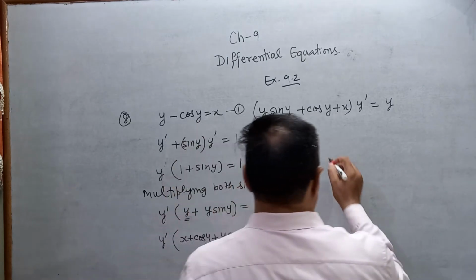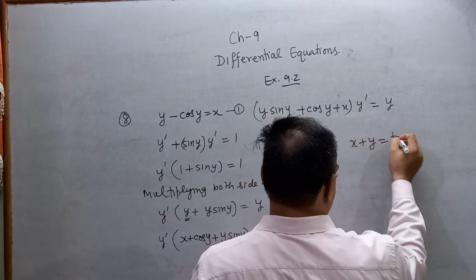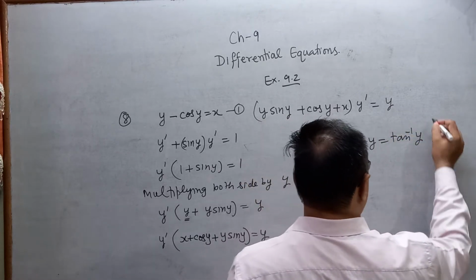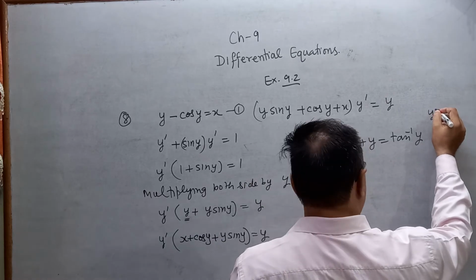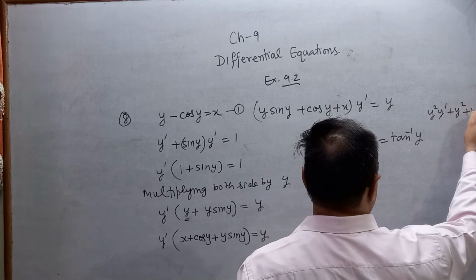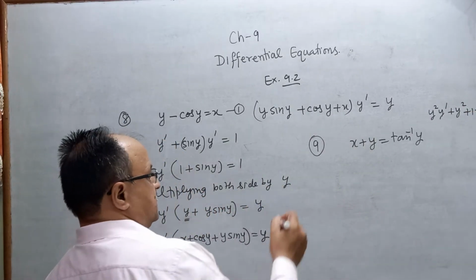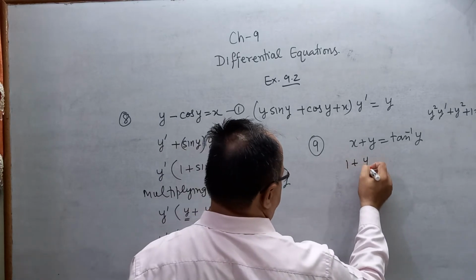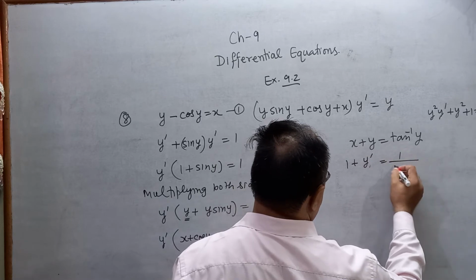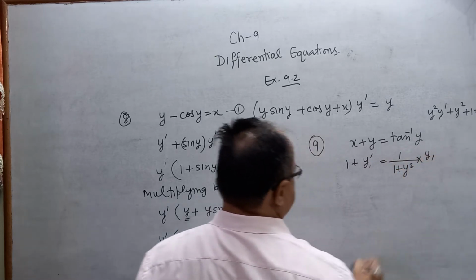Question 9. x plus y is equal to tan inverse y, and you want to prove y square y dash plus y square plus 1 is equal to 0. Now differentiate: y dash, and here 1 upon 1 plus y square, and the derivative of y is y dash.